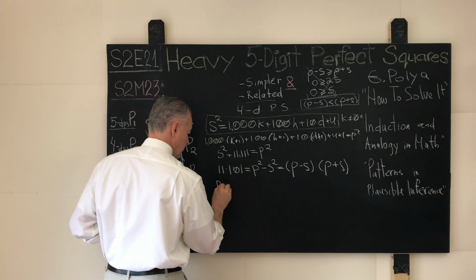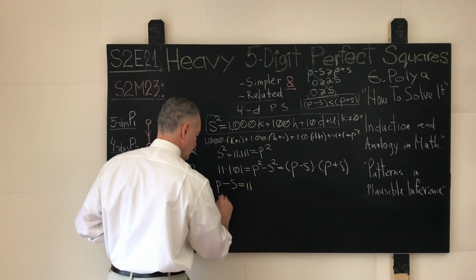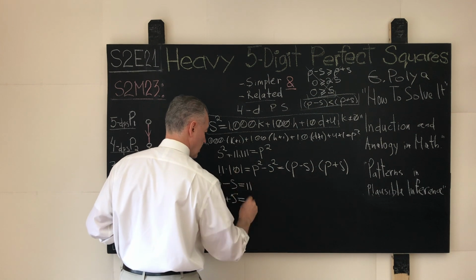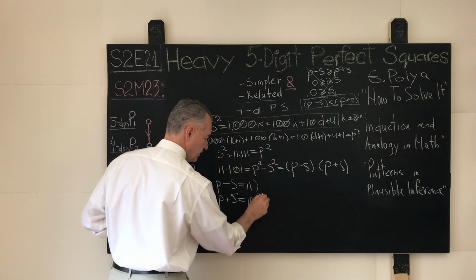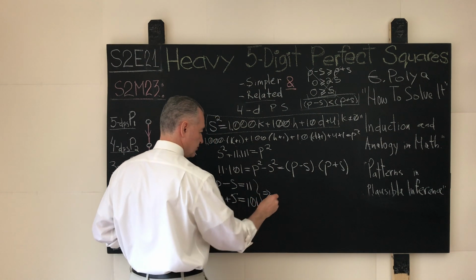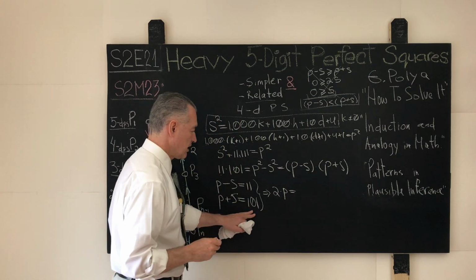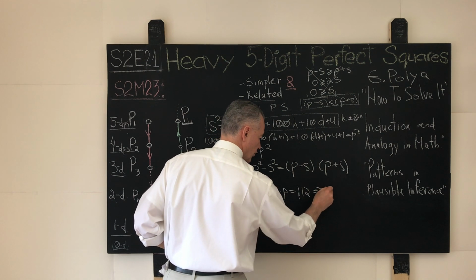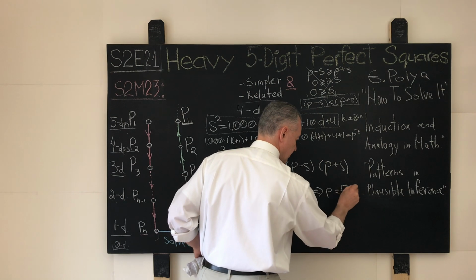So now p minus s will be what? Married to 11. p plus s married to 101. So from here it follows what? It follows that 2 times p will be, oh my god, 112. From here it follows what? p is equal to 56. 56.